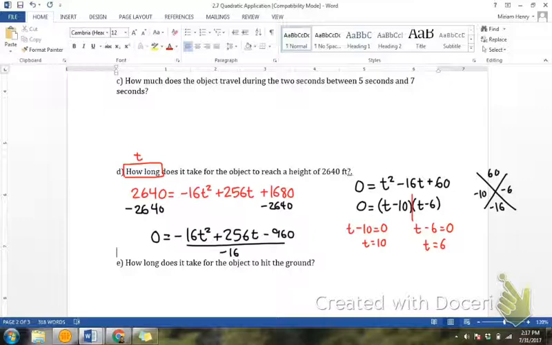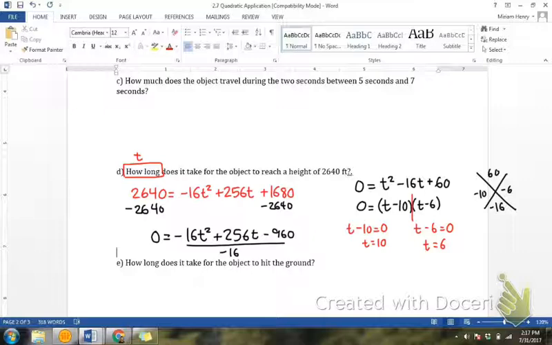Which one do we want to keep as our answer? Think about what it's asking. How long does it take for the object to reach 2,640 feet? What do you guys think? I'm thinking we need to add those variables.